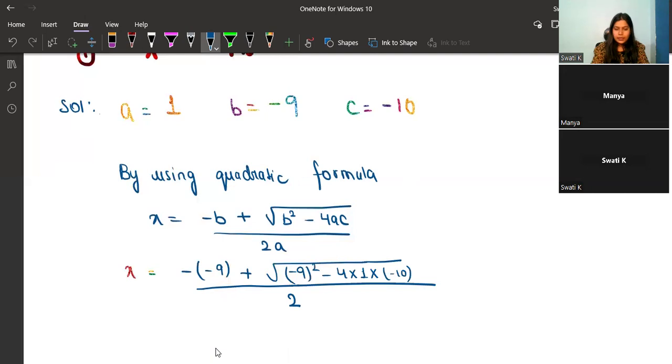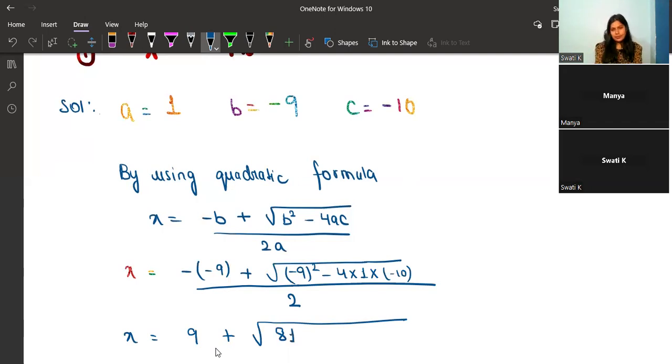Next term will be... the next step will be equal plus 9, correct. Plus, plus, minus 81. Okay, 81 is correct.